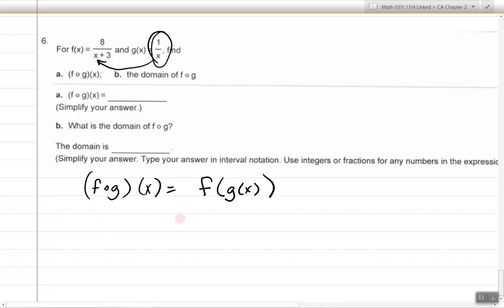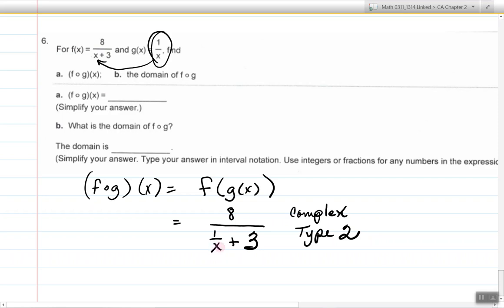8 over, because I'm writing the f function, but in the place of x, I put 1 over x plus 3. Well, that's kind of a mess, but we know that that is a complex fraction, and hopefully you remember that it is type 2. The common denominator is the only denominator, which is x.